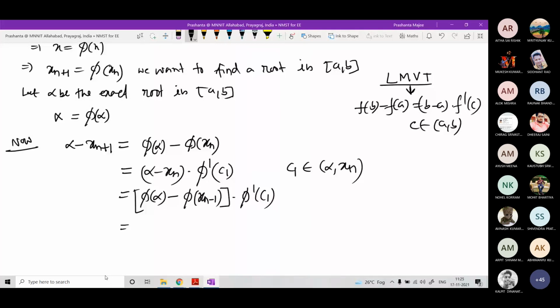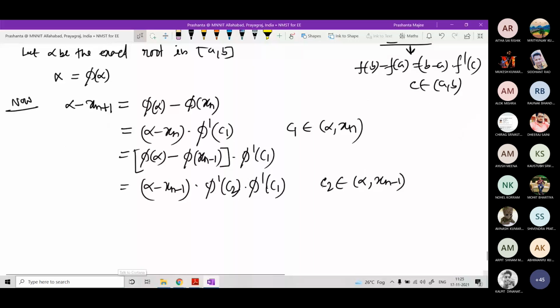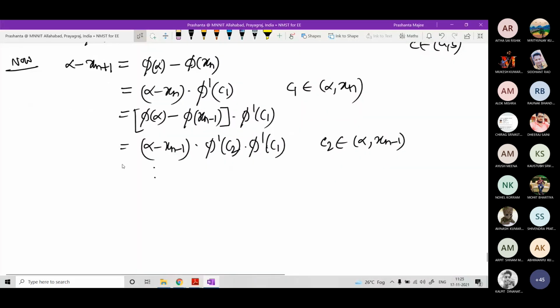So this will be alpha minus xn minus 1 into phi dash c2 into phi dash c1, where c2 belongs to alpha to xn minus 1. Okay, now repeat this procedure. Starting point is x naught, so you can repeat that procedure up to x naught.